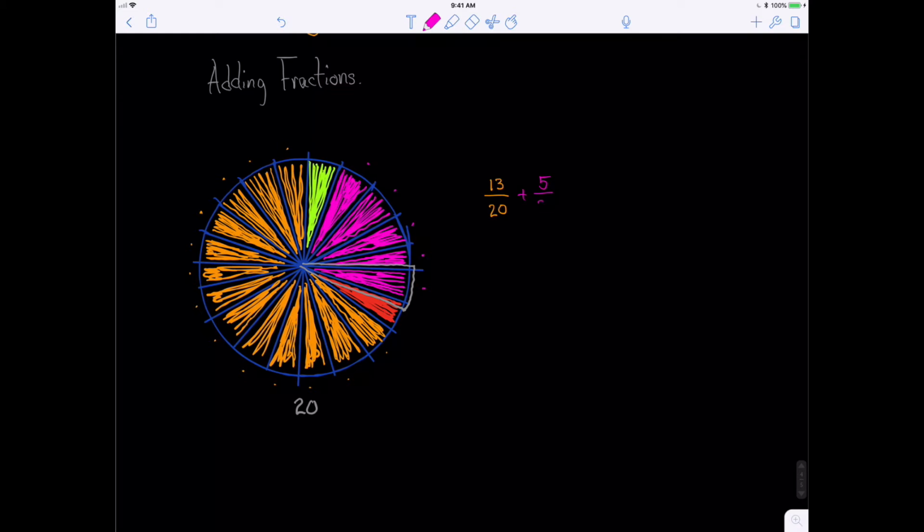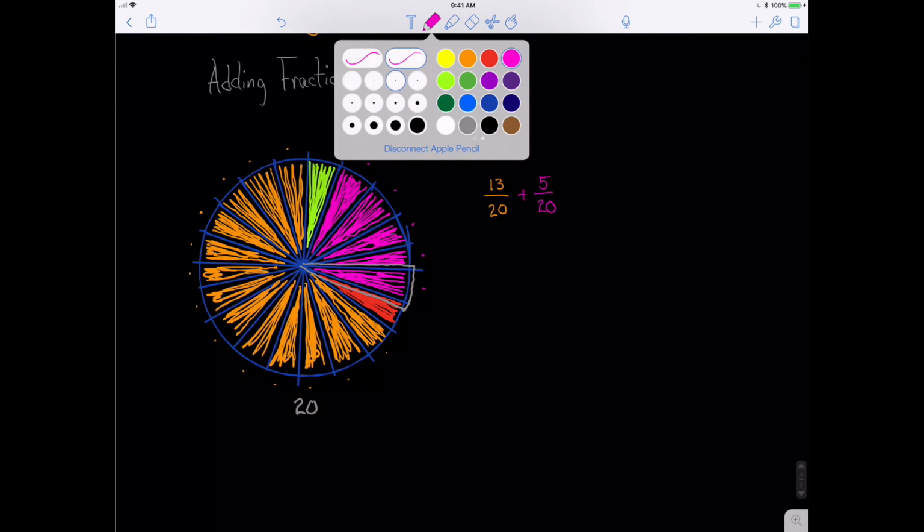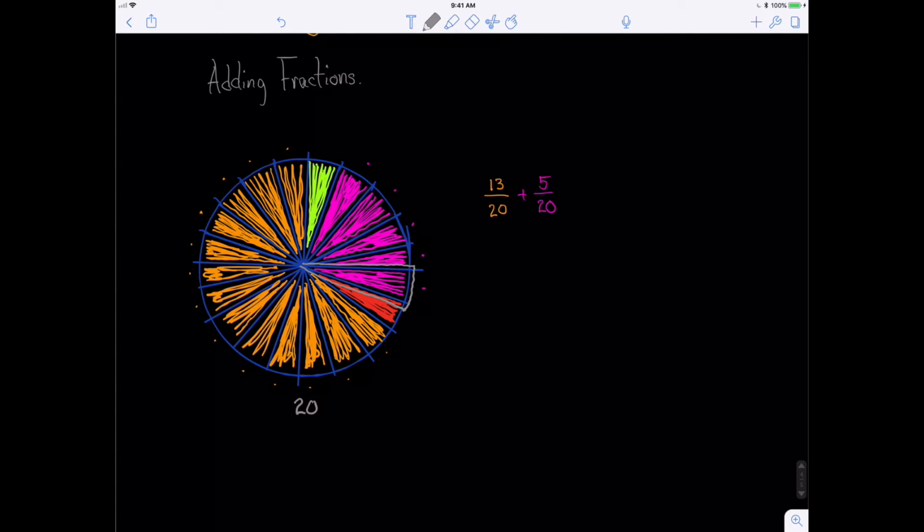But the question is how do I add fractions? So let's take a look at this problem more closely. Now, because all of the pieces are exactly the same size, really all I need to know is how many pink or orange pieces I have. And the most simple way to do that is just to start counting. And let's do that.